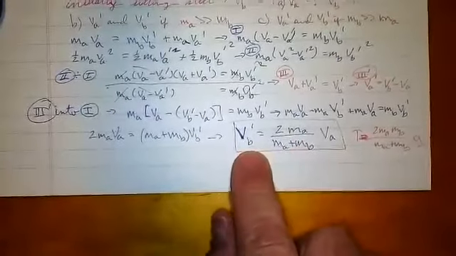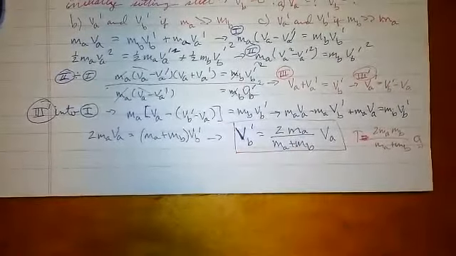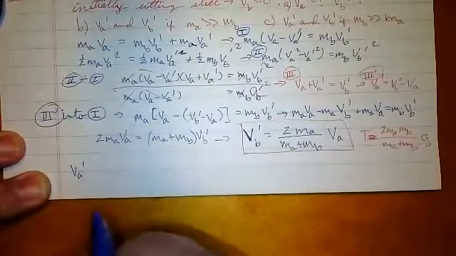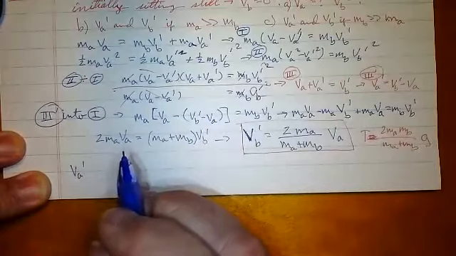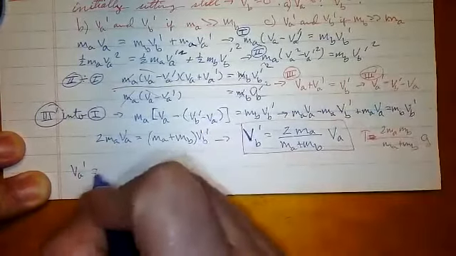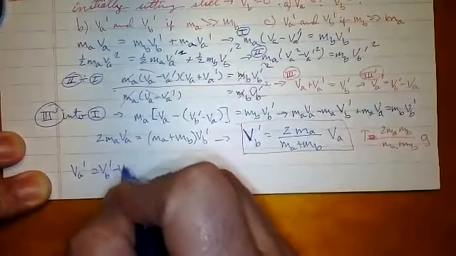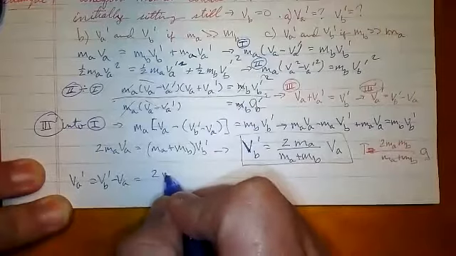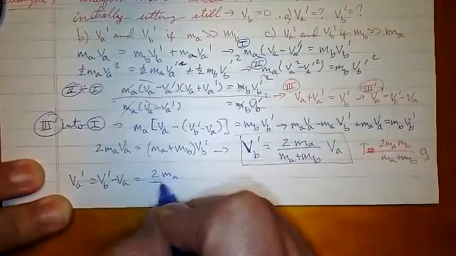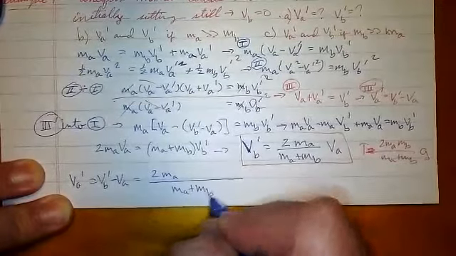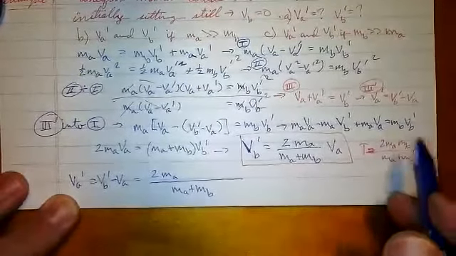Now we can use VB prime to figure out what VA prime is. So VA prime, we found, from equation 3 prime, was equal to VB prime minus VA. So what that's going to be is 2MA over MA plus MB. In other words, I'm going to get a common denominator.